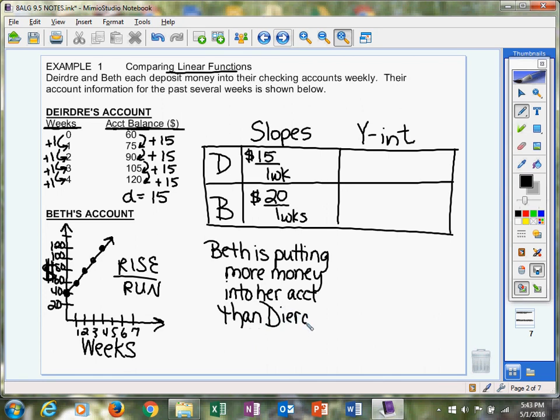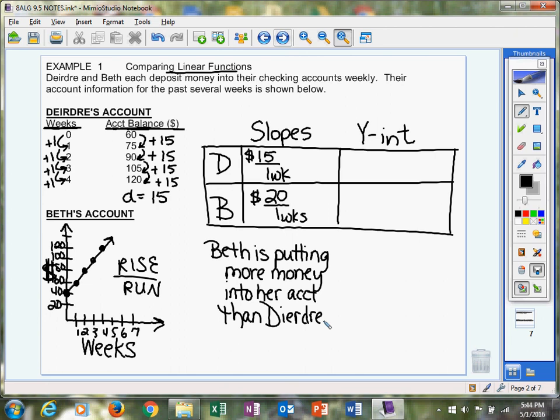You can do whatever you've calculated, or you can be a little more vague in your statement. It is accurate to say that Beth is putting more money into her account than Deirdre each week. That's definitely accurate. You could say Beth is putting $20 per week and Deirdre's only putting $15 per week into their respective accounts, however you wanted to write that. Okay? Now let's go to the y-intercept.